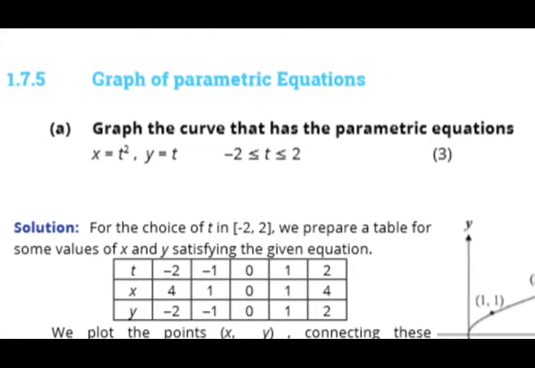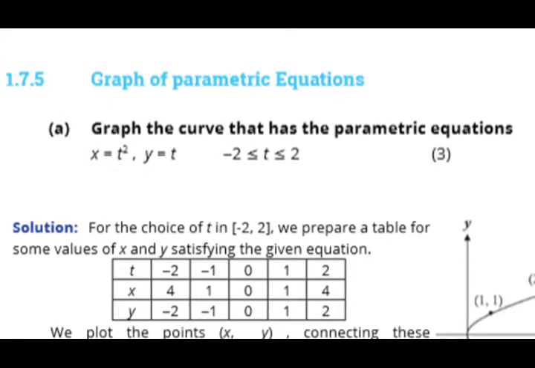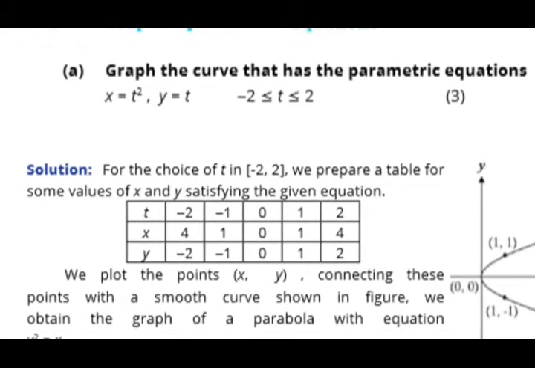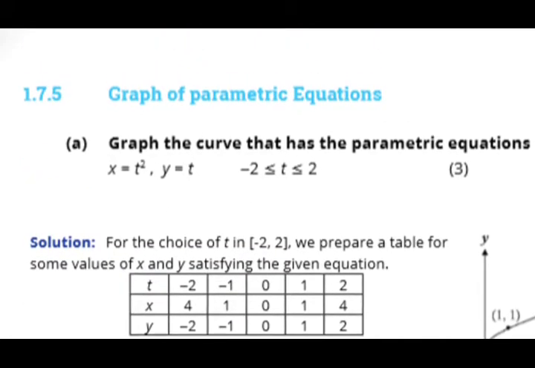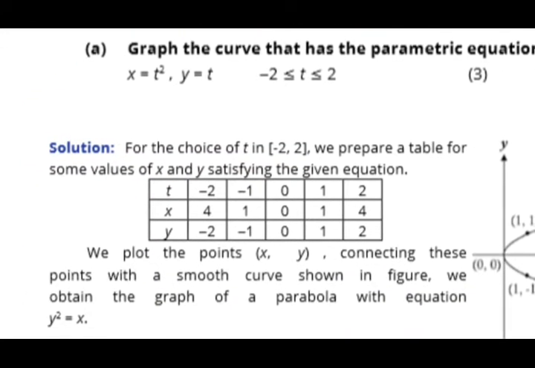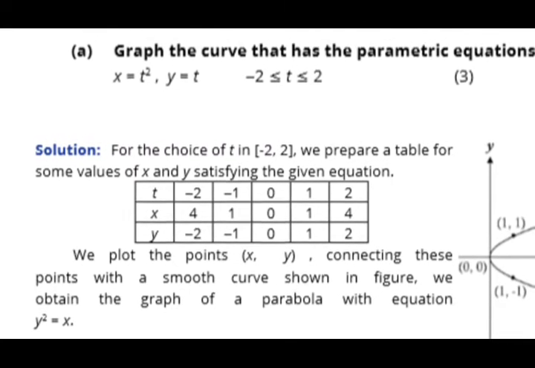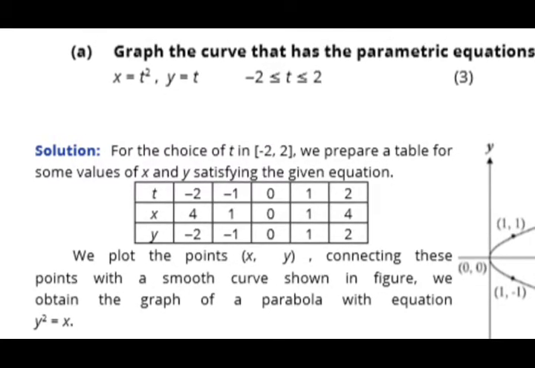Now these are the parametric equations of a parabola. x is equal to t square and y is equal to t. Now we take values of t from -2 to +2.